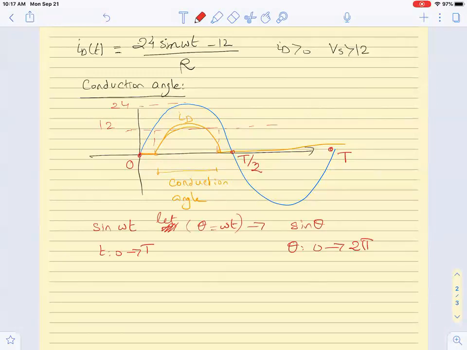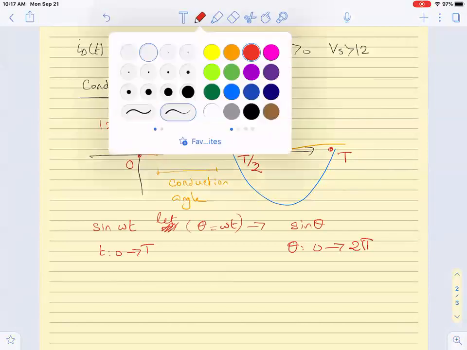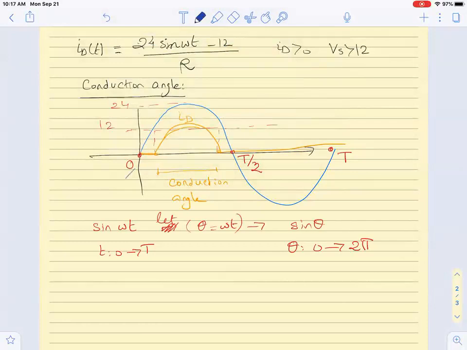So time varies between 0 and T, and theta varies between 0 and 2 pi.